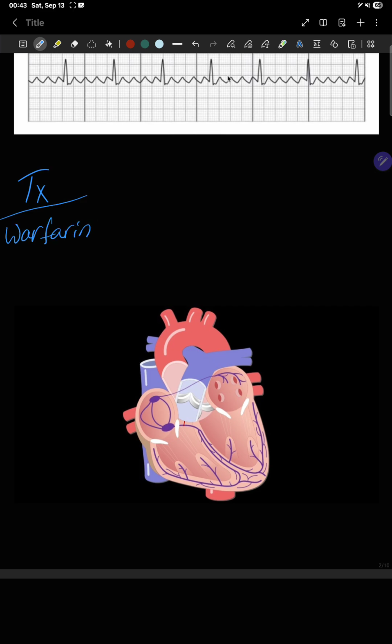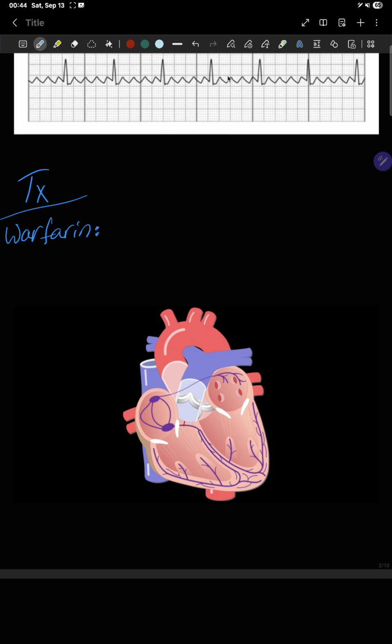A lot of times we see these patients who have a history of atrial fib or atrial flutter are usually on a blood thinner right here. And the reason for that, like I just explained, is that we have to watch out for them having an increased risk of blood clots. We have to monitor these guys for that. So the doctor's going to prescribe them warfarin so that we can decrease them getting a blood clot.